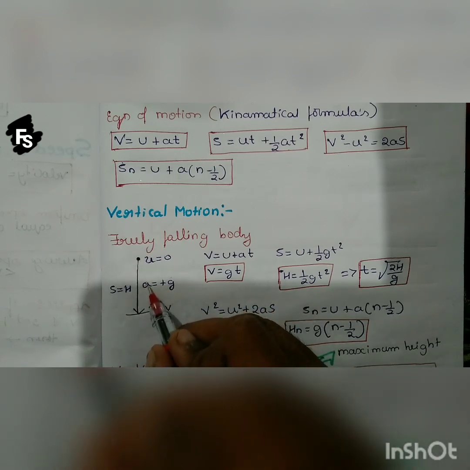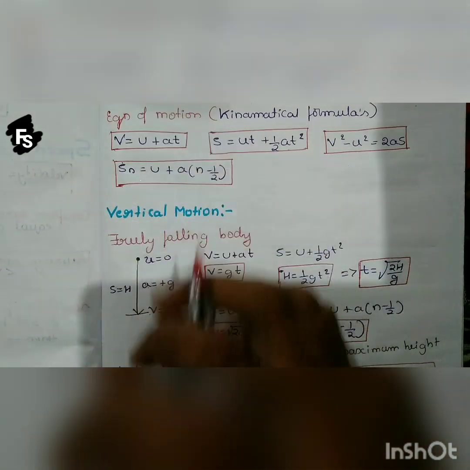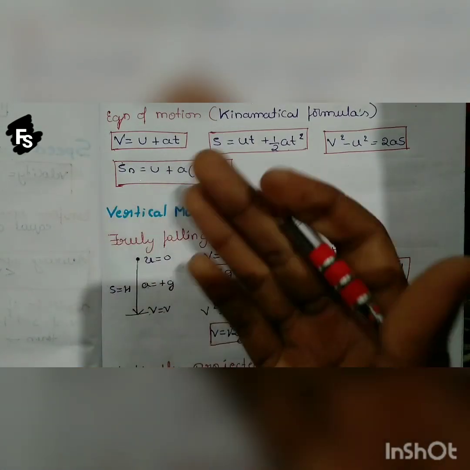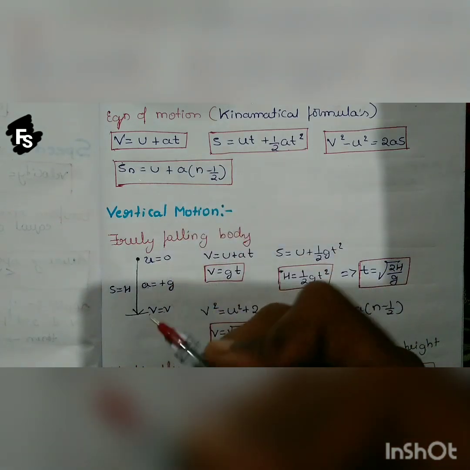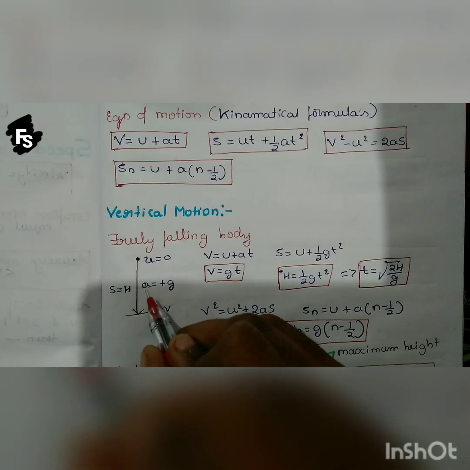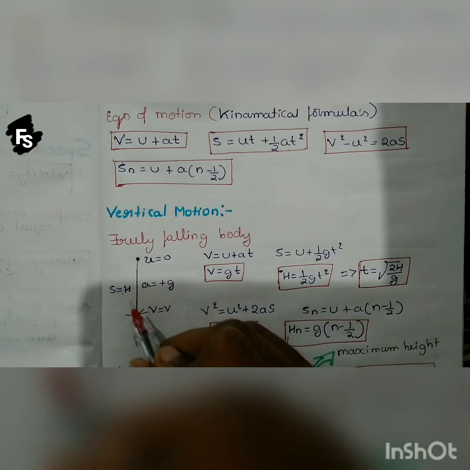What is the acceleration? Acceleration is equal to plus g. Positive means it is towards the gravitation, so it is positive. If it was opposite to the gravitation, then it would be negative. But it is towards the gravitational force, so the acceleration is plus g and displacement is equal to h.